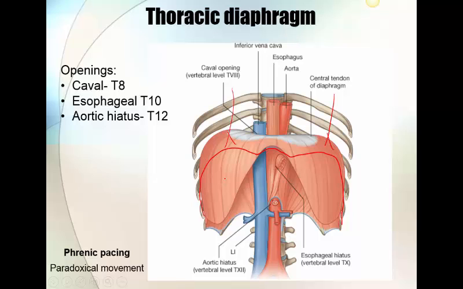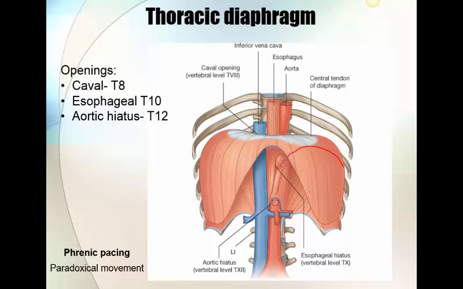Sometimes one nerve may be cut, a stab wound in the neck may paralyze one nerve, the other side may be functioning. So you get what is known as paradoxical movement. So on the paralyzed side, what happens is when the person inspires, instead of the diaphragm descending, it actually ascends. The reason being, let's say if this side was paralyzed, this side functions, so this descends.